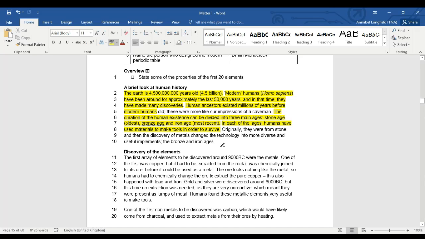So the ages are known because of the materials that past humans, our ancestors, used to make tools. Originally they were from stone, and then we discovered metals that we could then use for those tools, meaning bronze and iron.